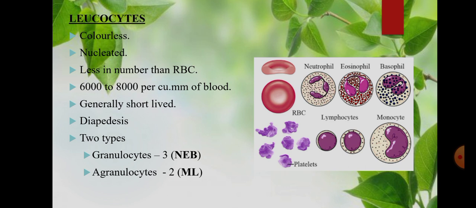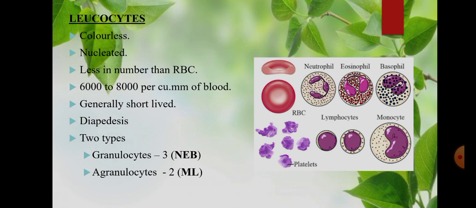And there's another process that is unique to WBC, that is diapedesis. Diapedesis means we know that WBCs are usually amoeboid in shape. You must have seen amoeba. To grasp the food, it will use the finger-like projections called pseudopodia.